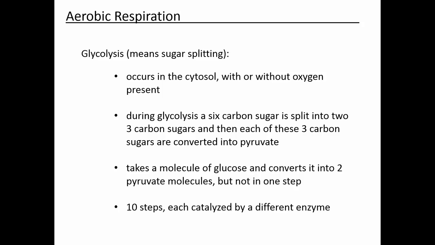During that breakdown of glucose to 2 pyruvate molecules, you're going to produce 2 important things: 2 ATP and 2 NADH. And NADH is similar to NADPH in the sense that it's a molecule that carries electrons. We'll talk about why it's important in this process later on.